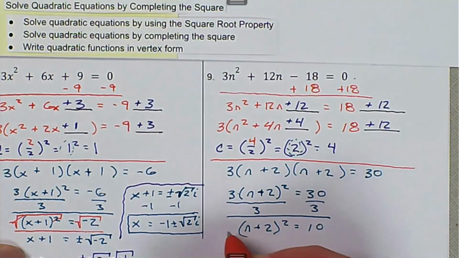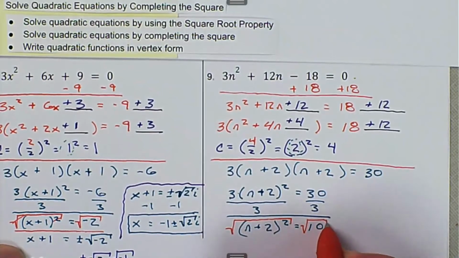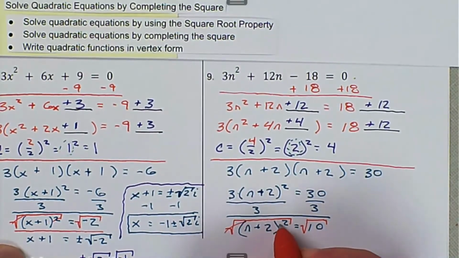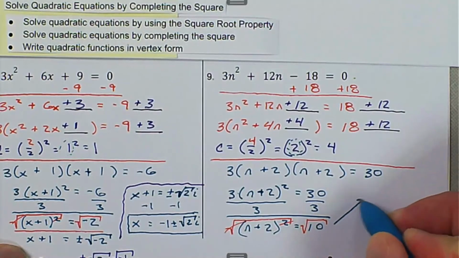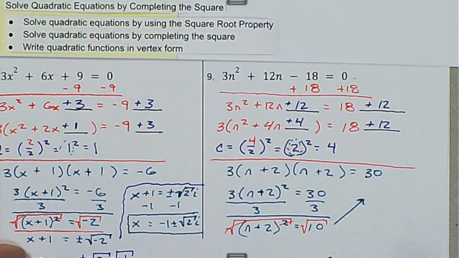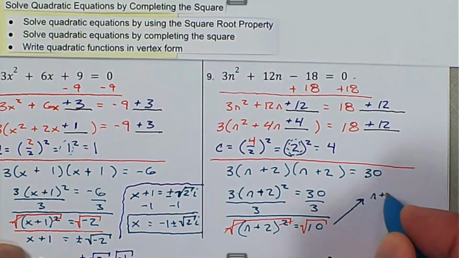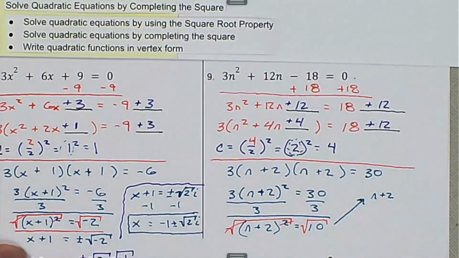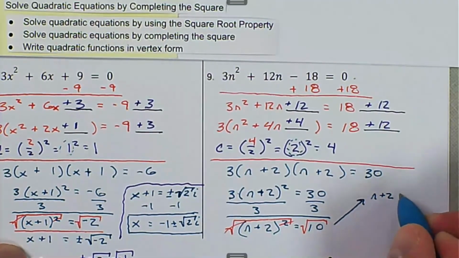Then we can take the square root of both sides. The radical cancels the exponent, and I'm going to write this over here to finish out the problem. The radical and the exponent cancel, and we're just left with n plus 2, which is equal to plus or minus the square root of 10.